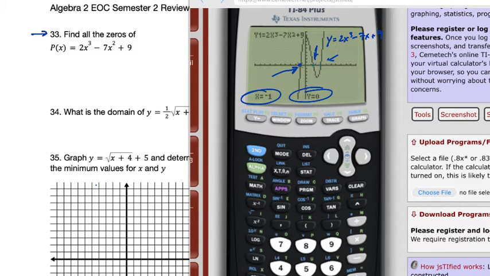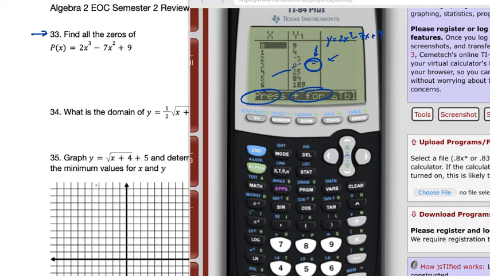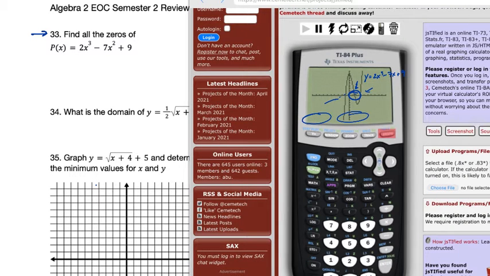This solution right here, let me circle him. That one's a little bit harder to tell what he is. It looks like he's between 2 and 3. I could look at my table and I can kind of tell from my table. You can see right here at 3 it equals 0, which I think we already knew. That was not my eraser. There's my eraser.